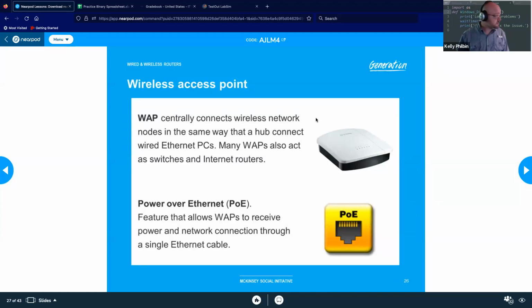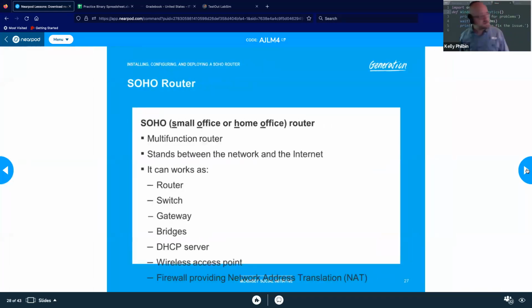All right. So that's WAP, EOP, or PoE. All right. SOHO router. Again, SOHO stands for small office, home office.